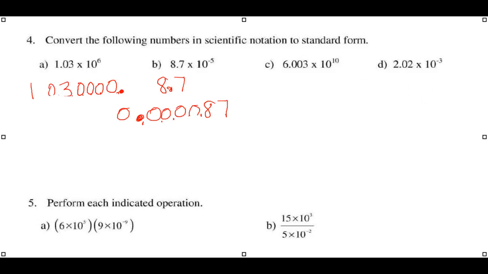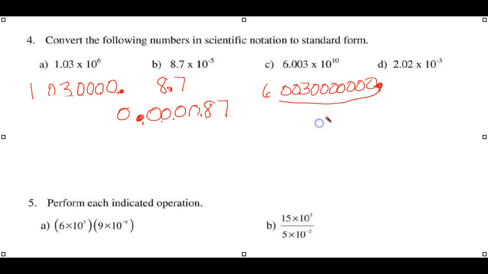Okay, now for this one, it's 6.003. Now I need 10 places to move it to. I already have 3, so I have to add 7 zeros. 1, 2, 3, 4, 5, 6, 7. And I just move it 10 places. And there's my answer. Take away this one.